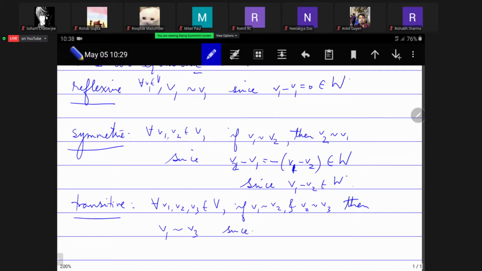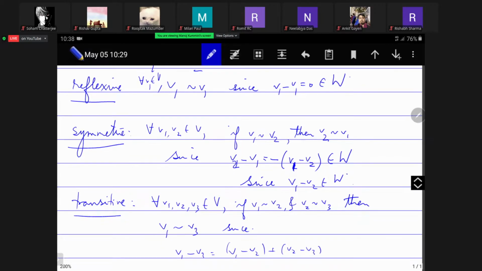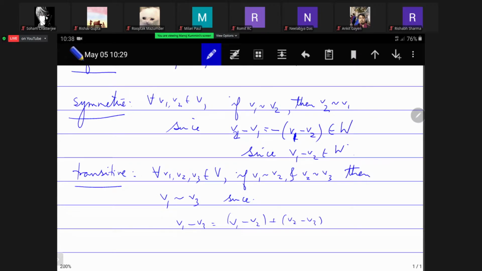Since V1 minus V3 can be written as V1 minus V2 plus V2 minus V3, and both of these are individually inside W, and W is a subspace, the sum is also inside W. So the two vectors are related to each other if their difference, the first minus the second, is inside W, and this defines an equivalence relation on the vector space V.